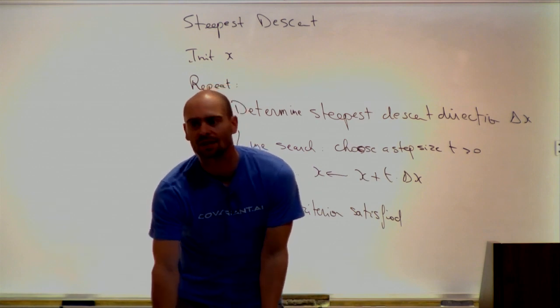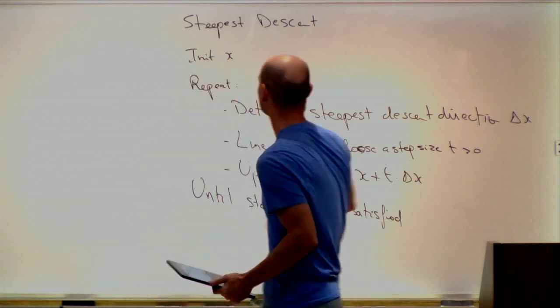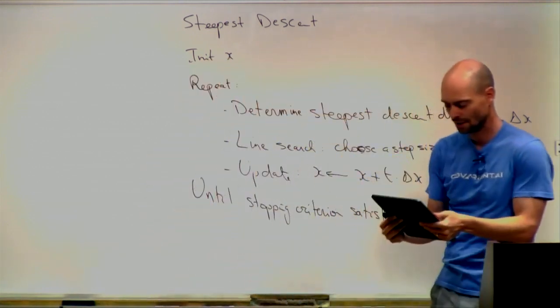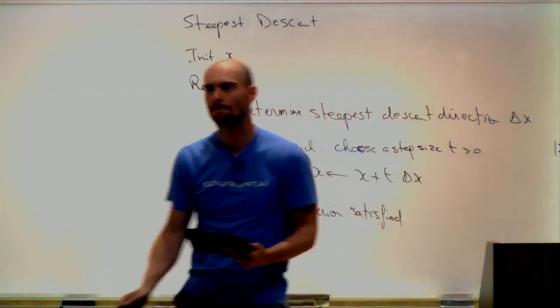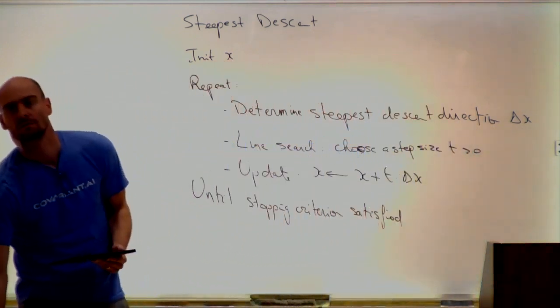All right, let's restart. Any questions about what we have here? Okay, then let's see how we can find the steepest descent direction. Well, it's a local thing. We're at a current point.